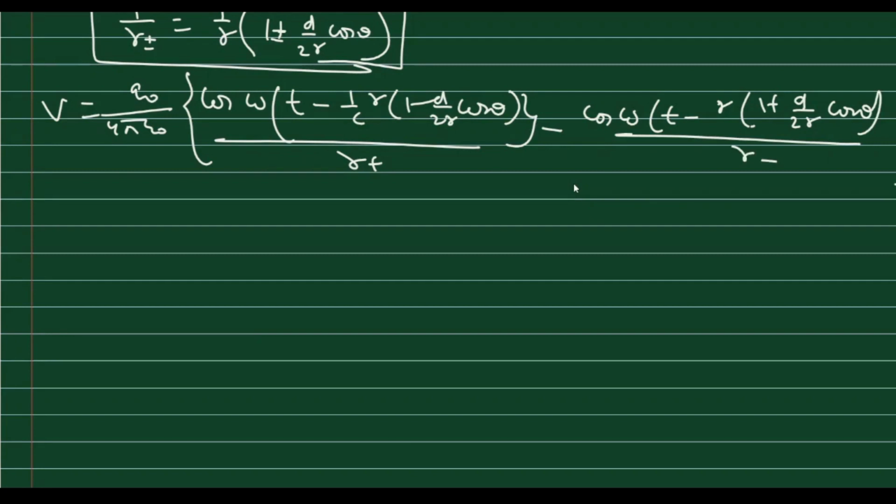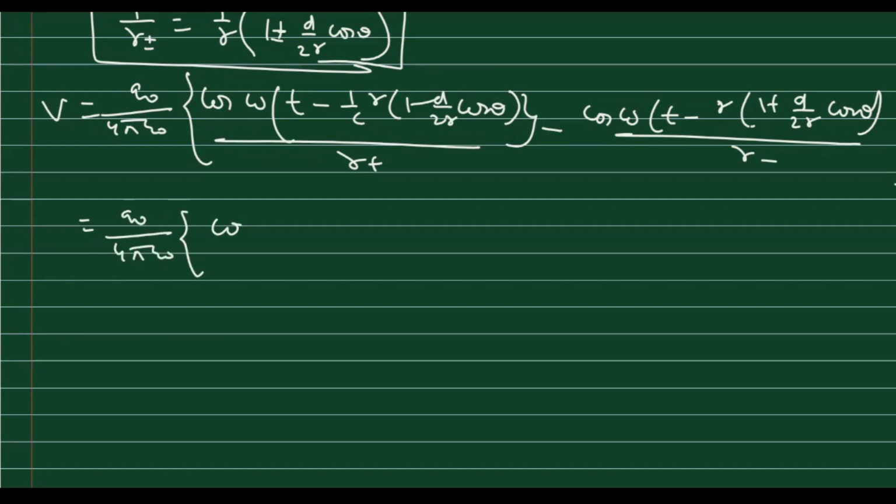Very simple. Now we are solving, like we have 1 upon r plus and 1 upon r minus, both values we had. So what we will do now, we will put the values, and after putting the values, we are getting cos of omega. First of all, we are writing the charge term over here, q naught upon 4 pi epsilon naught.